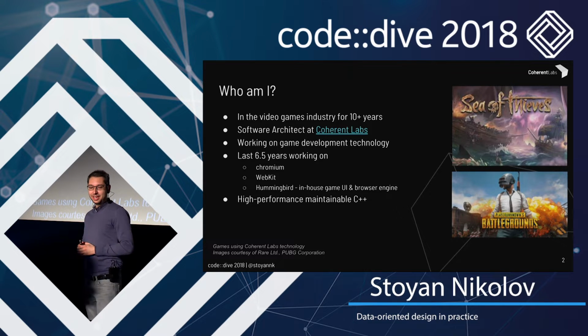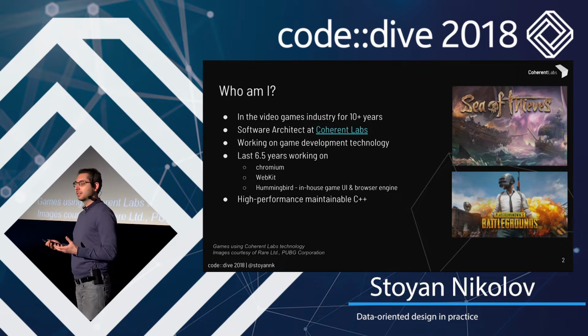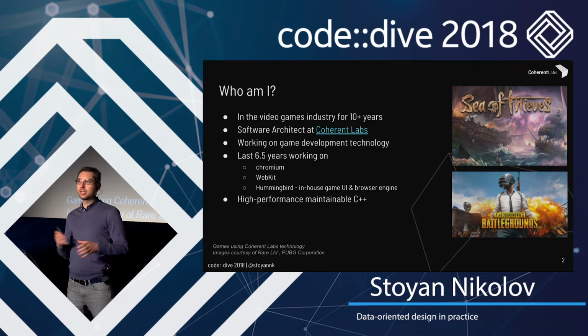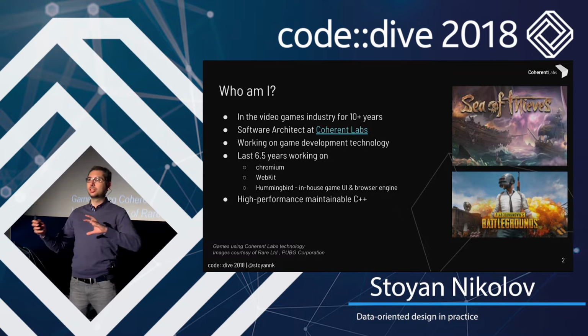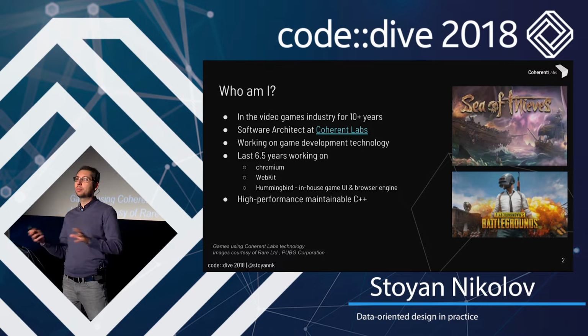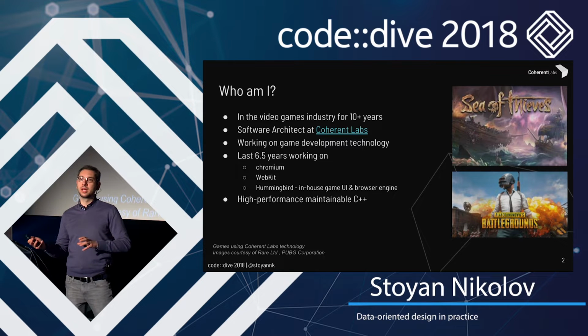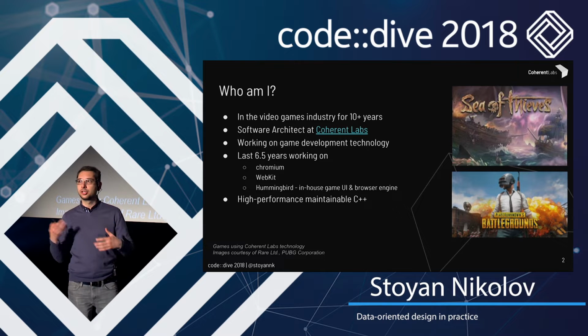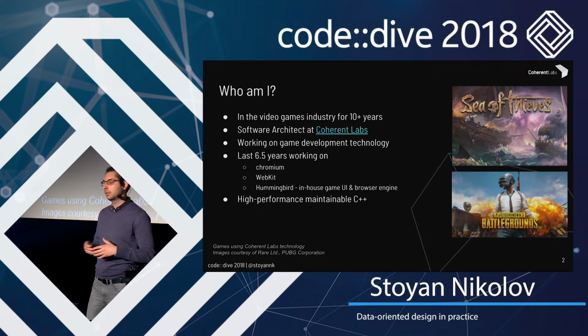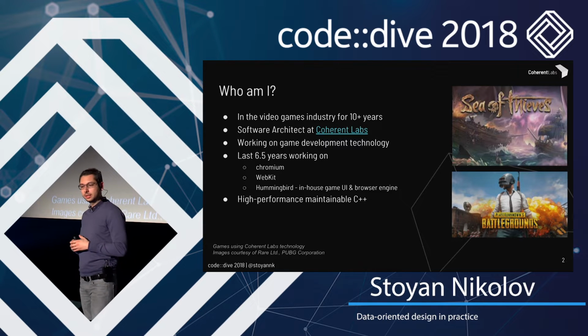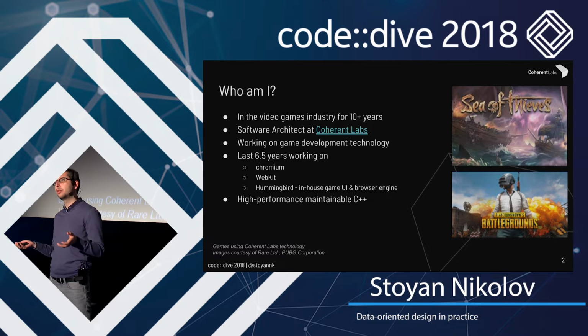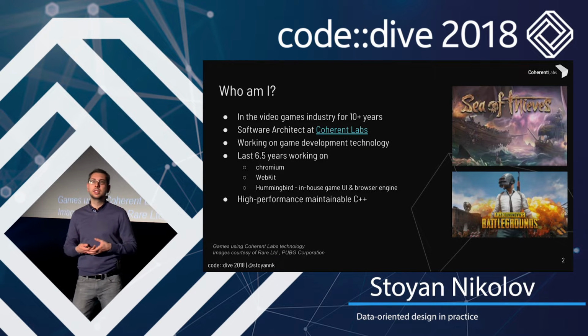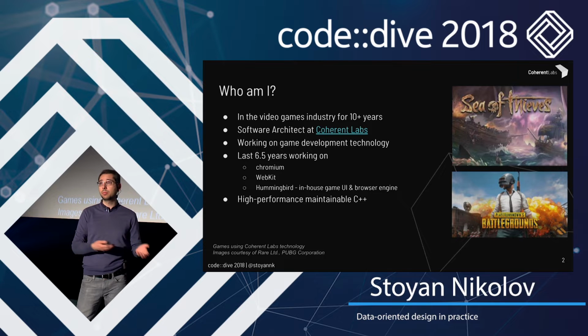In the last 6.5 years, something like that, I've been working on technologies based on HTML rendering. We worked on Chromium, we worked on WebKit, and now we have our own Hummingbird technology, which is an in-house HTML renderer and game browser. Chromium is the open source project at the core of Chrome.